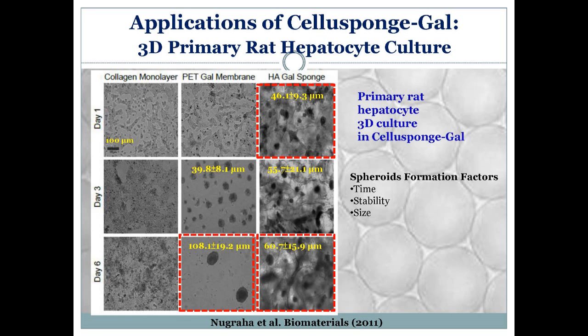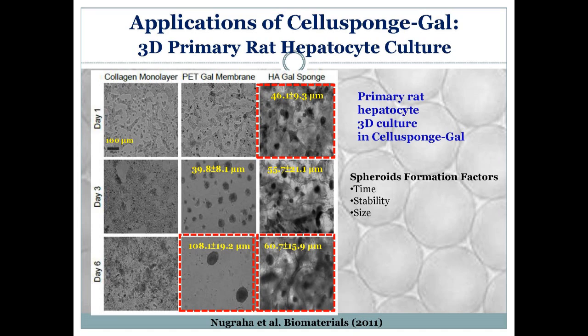In the pictures here, we see the comparison of 3 different platforms to culture primary rat hepatocyte cells. From left to right: collagen monolayer, PET galactose-coated membrane, and on the right, our Cellosponge coated with galactose.